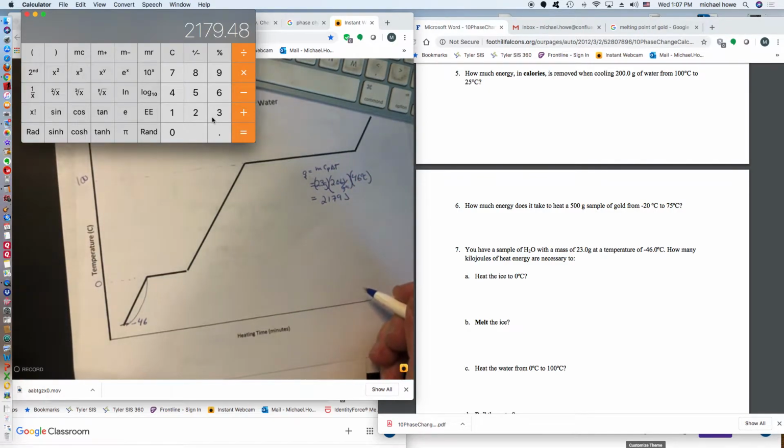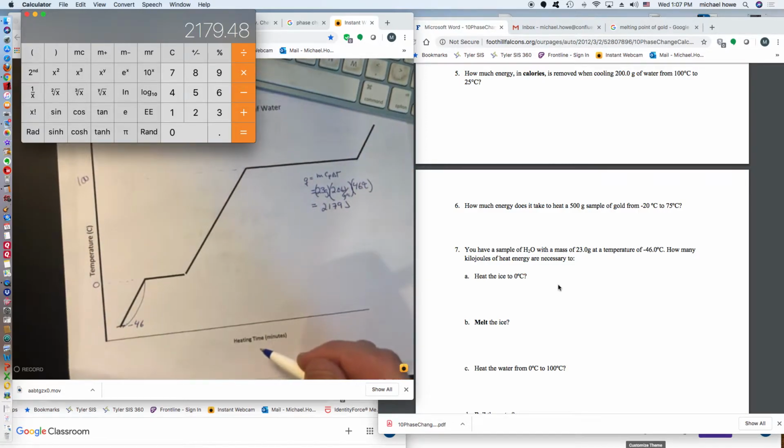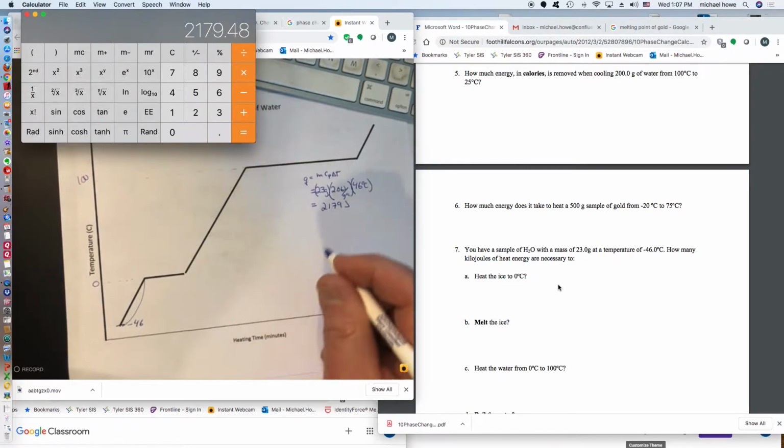If we did this in sig figs, we'd need three sig figs, because these are to the tenths of the gram, so that would be 23.0 and 46.0, so we'd have 3 sig figs. But we'll just leave it at 4 for right now.